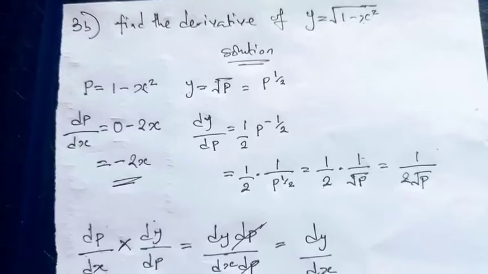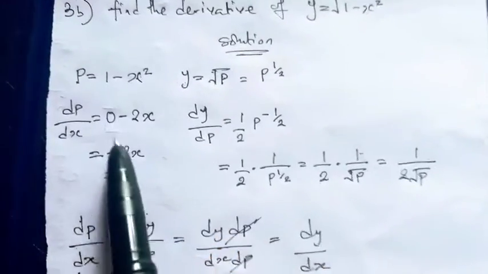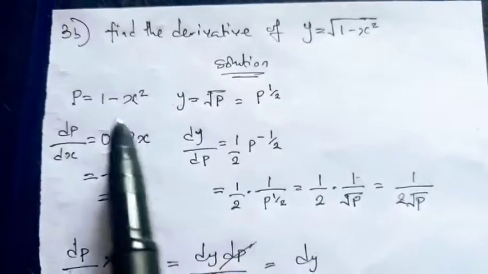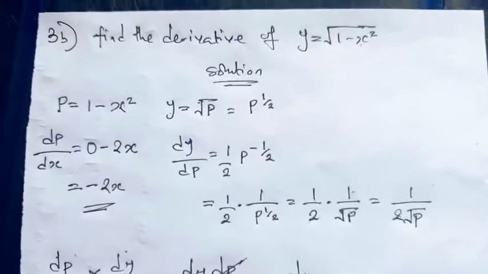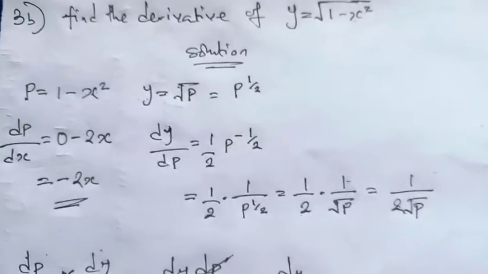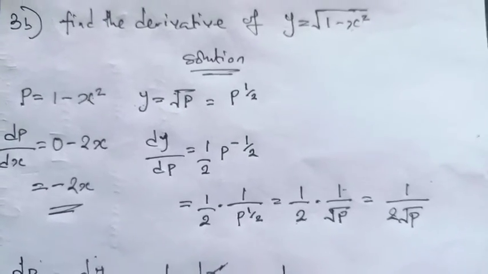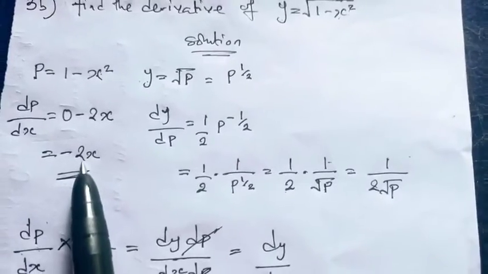Recall I said when you differentiate a constant, in this case it is 1, it gives you 0. And when you differentiate negative x squared, we get negative 2x. If you have watched my video on differentiation of common functions from the direct method or the power rule method, they are the same. You will understand what I have just done here. And this leaves me with negative 2x.